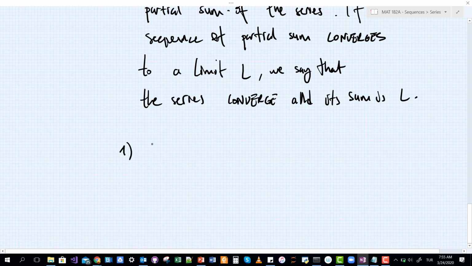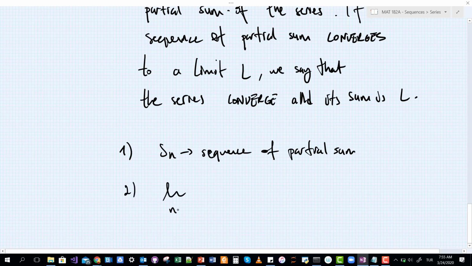So let me summarize it this way. Sn is going to be called the sequence of partial sums. And secondly, if I take the limit of this sequence and it converges, that's going to be equal to the sum of my series, guys. Okay?